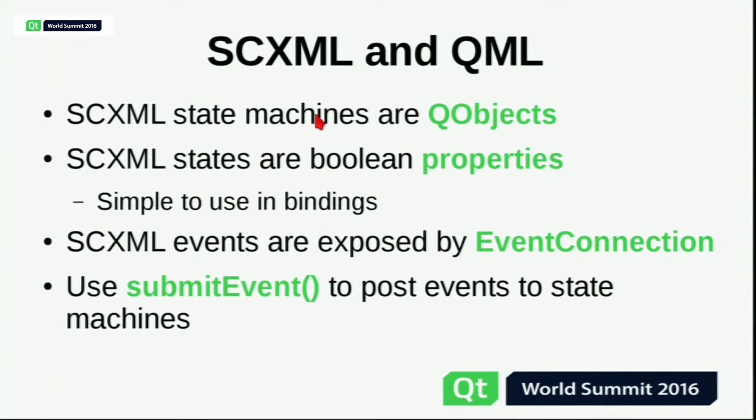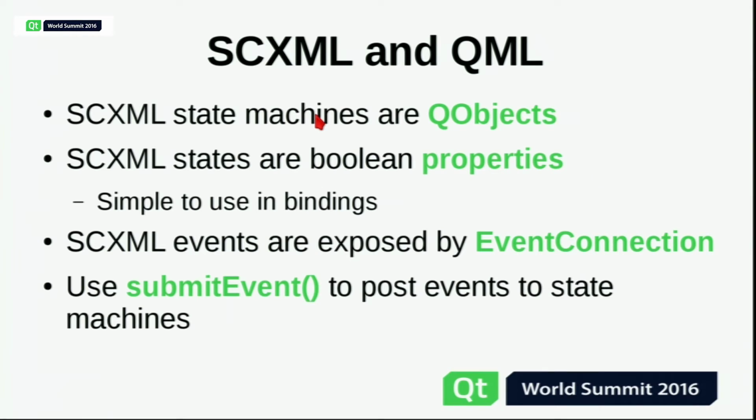So how can you expose your state machines to QML? Well, that's easy. An SCXML state machine is just a QObject. So you can either pass that in as a context property, or you can qmlRegisterType the state machine and instantiate it from QML.